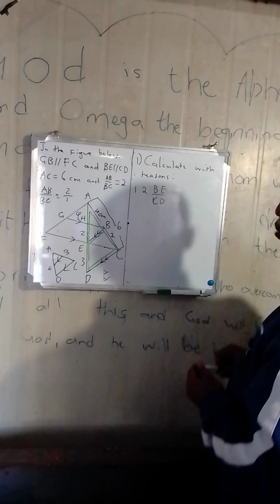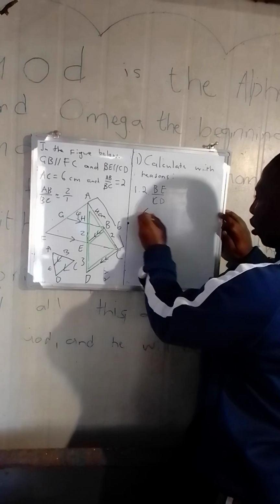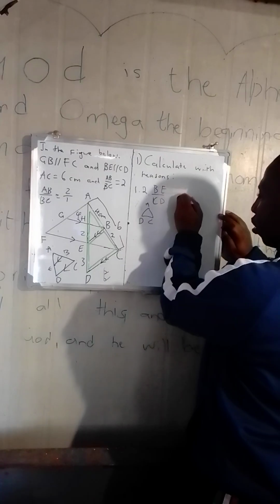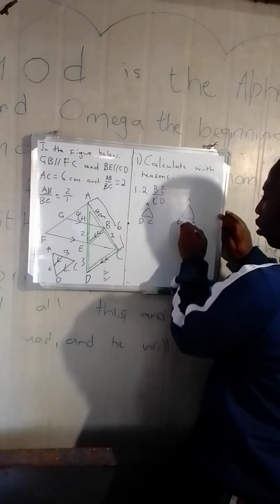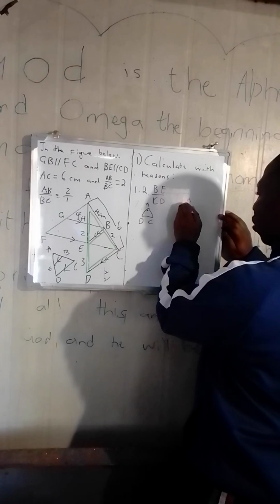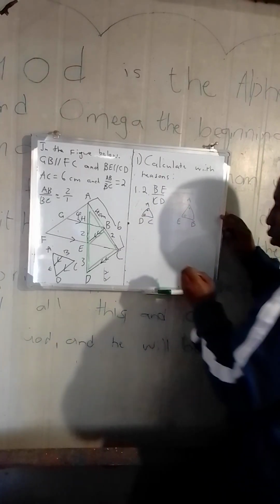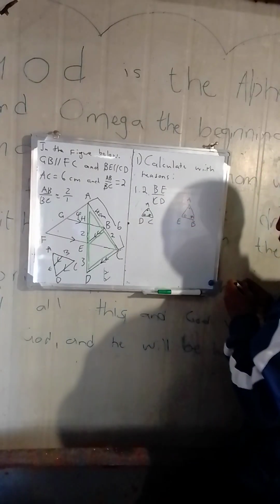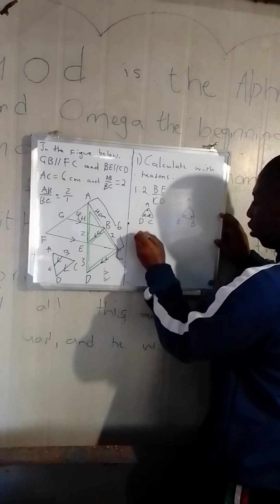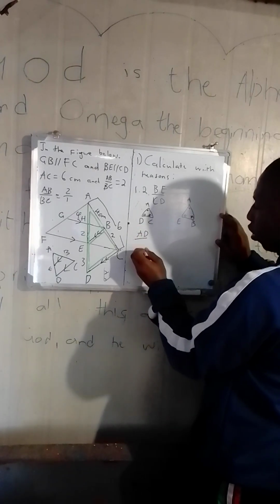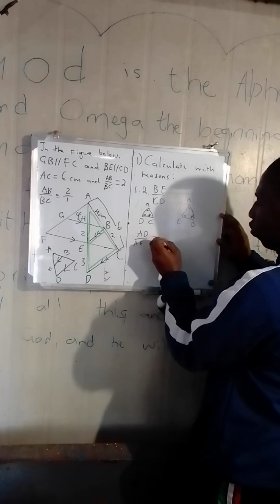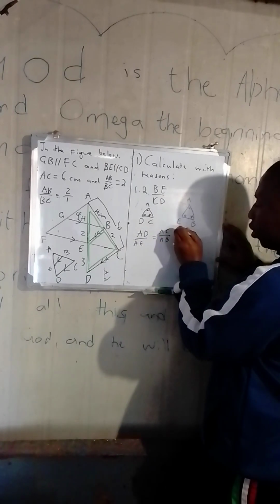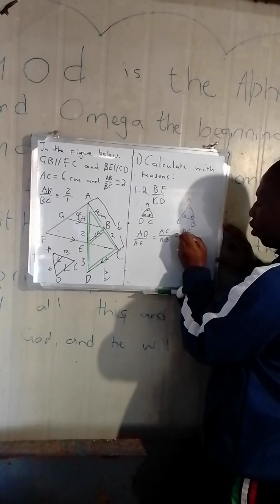Let's look at its proportion. So AD over AE equals AC over AB. Then again DC over EB.